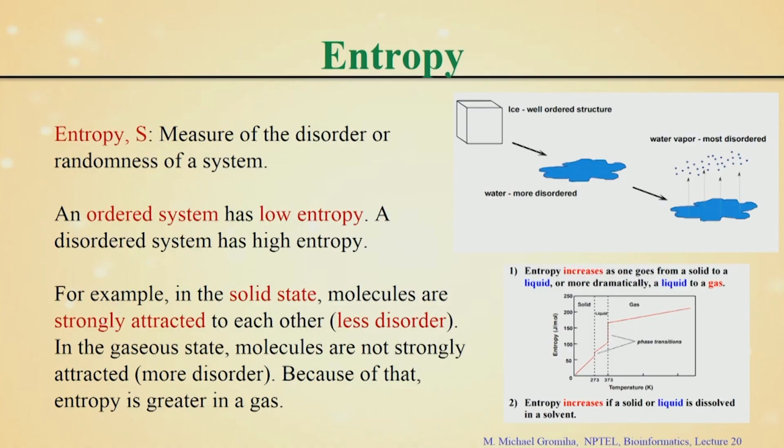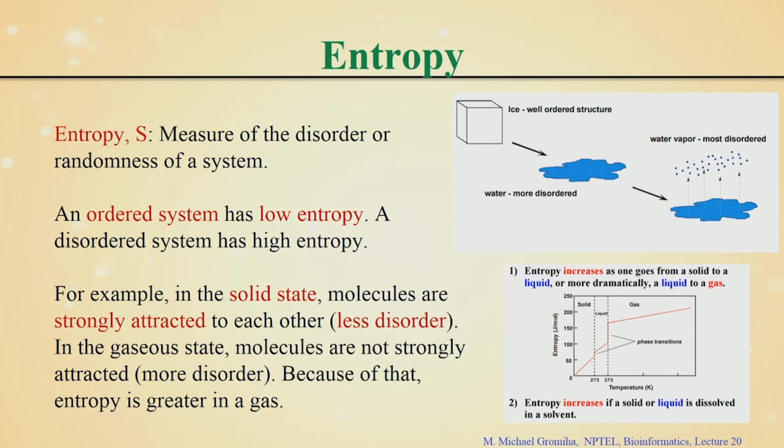When you go to entropy, simply, entropy means the disorderness or the randomness in the system. If you compare an ordered system and a disordered system, which one will have high entropy? The disordered system. The ordered system has low entropy and the disordered system has high entropy. For example, solid state is ice, which then goes into water and then into vapor.